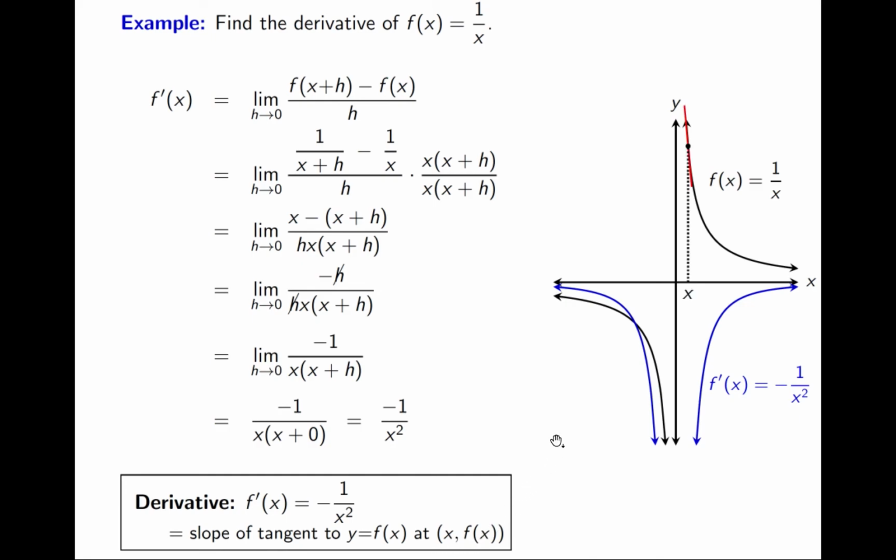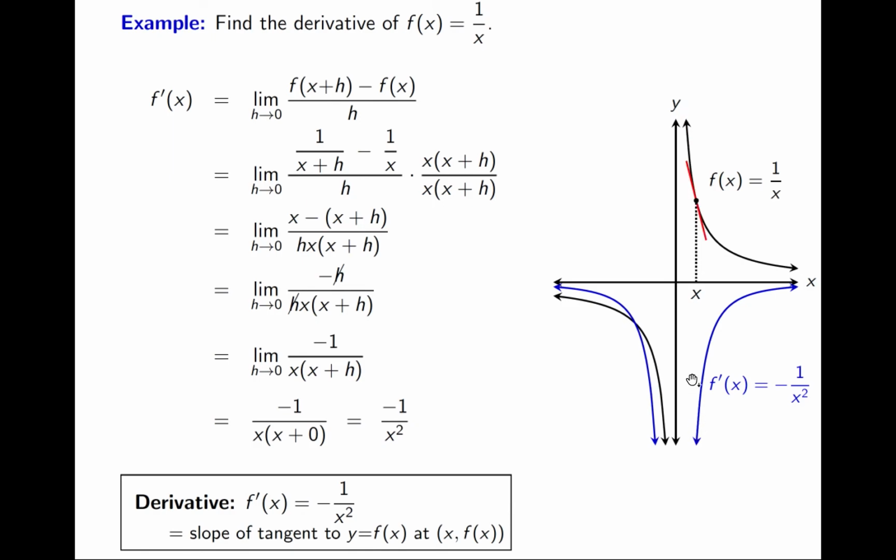So for instance, if you take this value of x and go up to the graph of f and look at the tangent line, that tangent line has a pretty steep slope, and it's a negative slope. For a positive run, the rise is negative. The slope looks like a pretty big negative number, and f prime of x is a pretty big negative number.